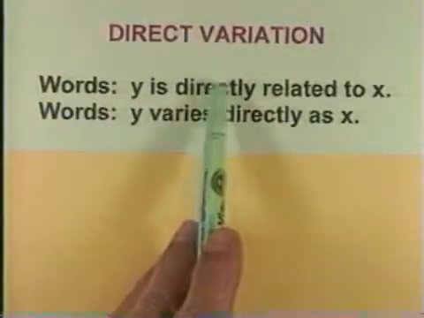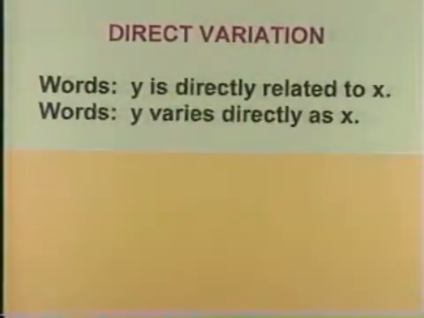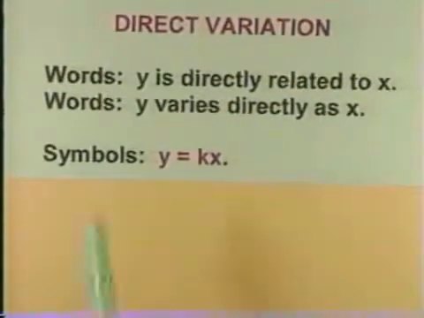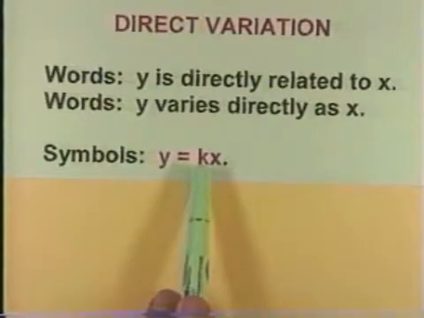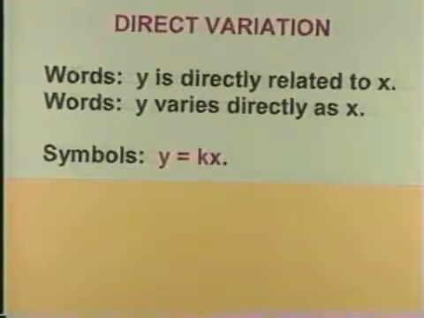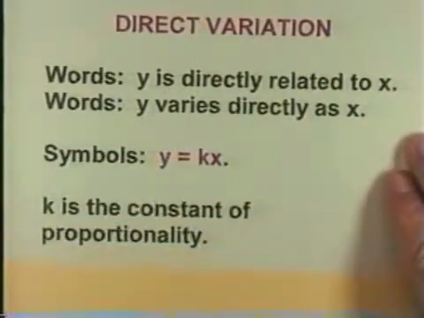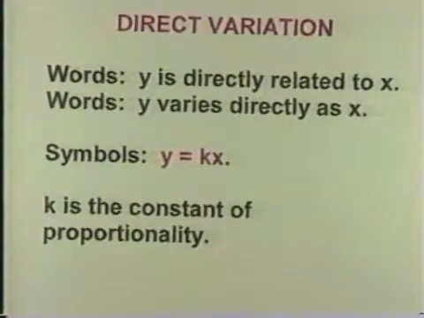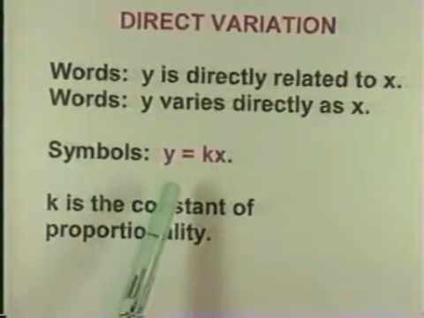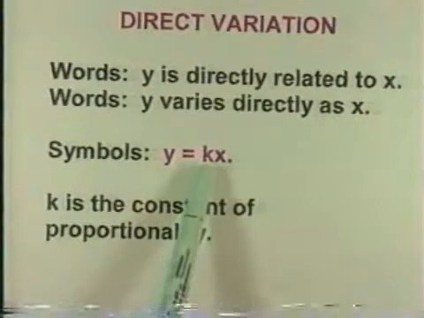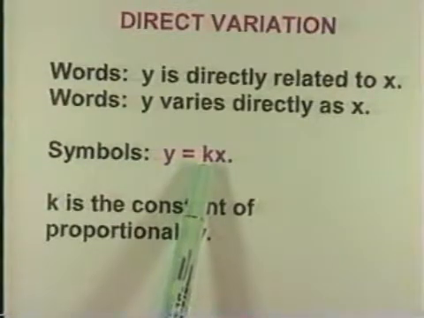All of those things imply a direct variation model. In symbols, we write the direct variation model as y is equal to k times x, where k is the constant of proportionality. So for the particular problem you're dealing with, the size, can, and the brand of beans, the k would remain constant.